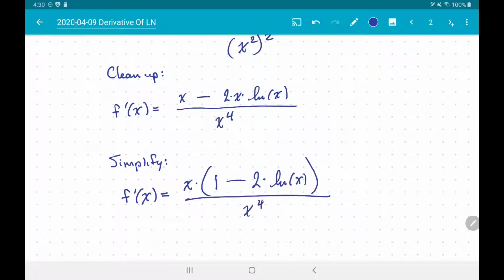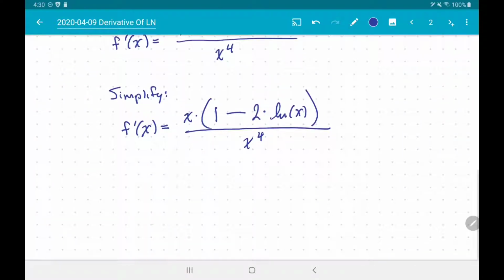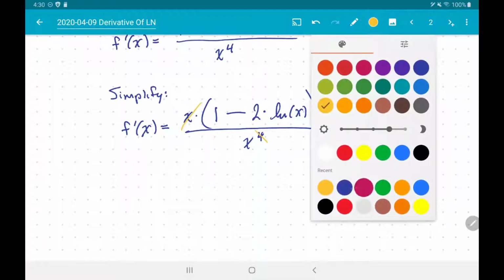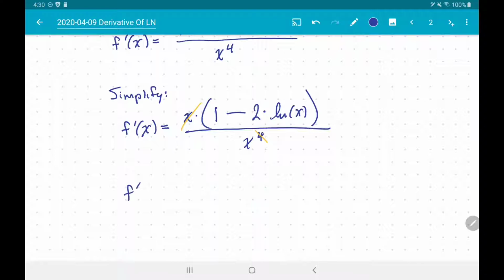Now that we've factored, there's a factor on top that we can cancel with a factor on bottom. Both top and bottom have factors of x. So let's cancel an x. That will leave us with f prime of x equals 1 minus 2 times ln of x divided by x cubed. Okay, that's about as simple as that's going to get.